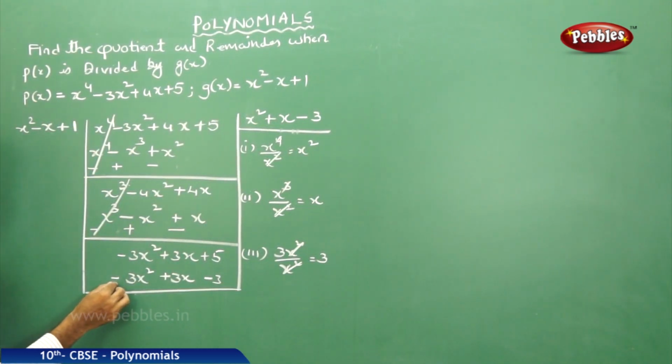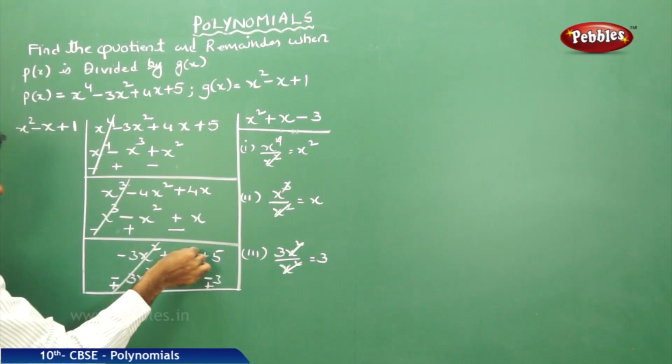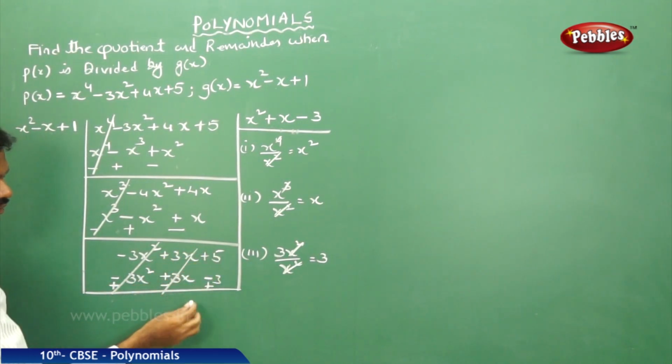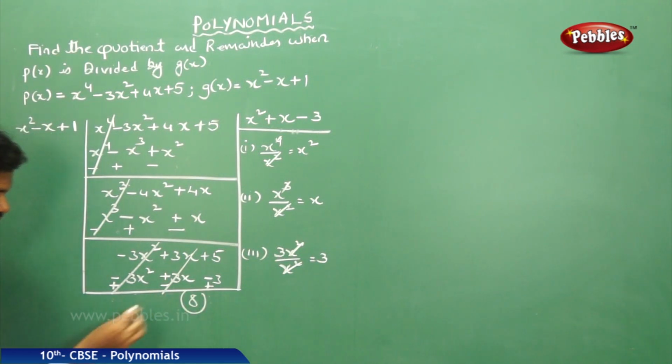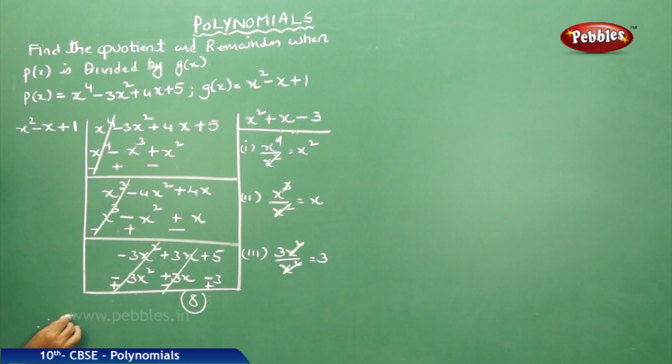Now the process is subtraction, change the signs: plus, minus, plus. Minus 3x square plus 3x square cancel, minus 3x plus 3x cancel, 5 and plus 3 gives you 8. Therefore the quotient is equal to x square plus x minus 3.